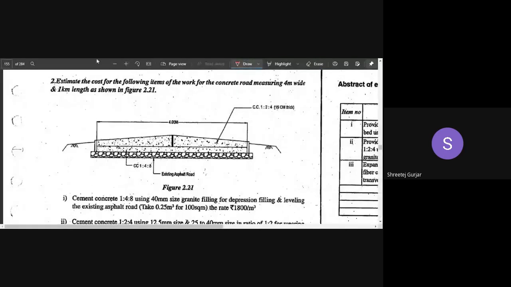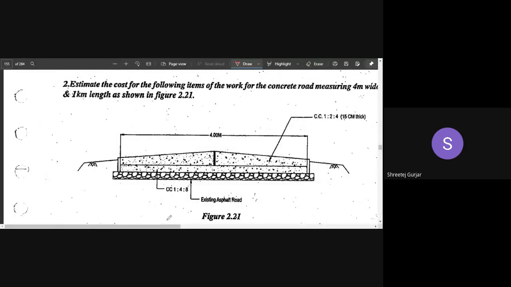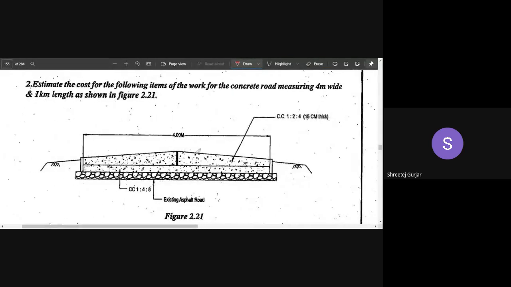In the cross section you can observe they have given this 4 meter width of your pavement, and then at the base we have the existing asphalt road. On top of that we have laid one layer of CC concrete of 1:4:8 to provide support for the top layer, that is 1:2:4.